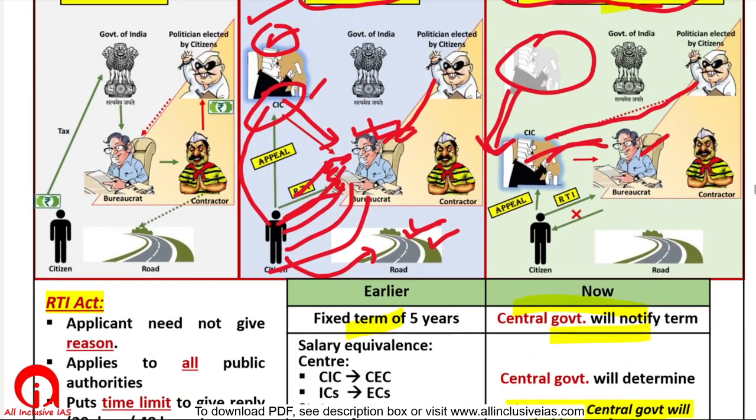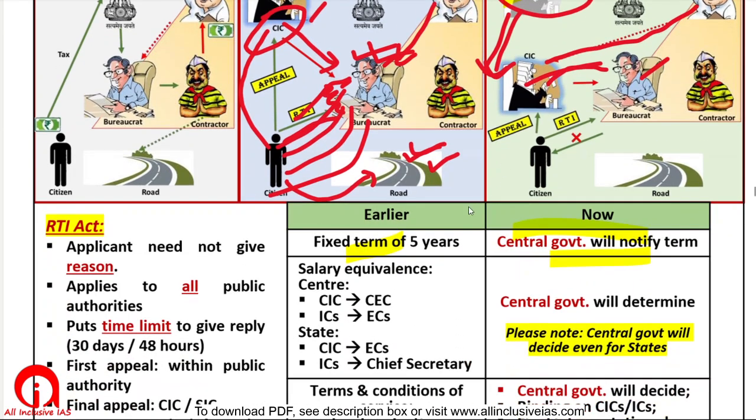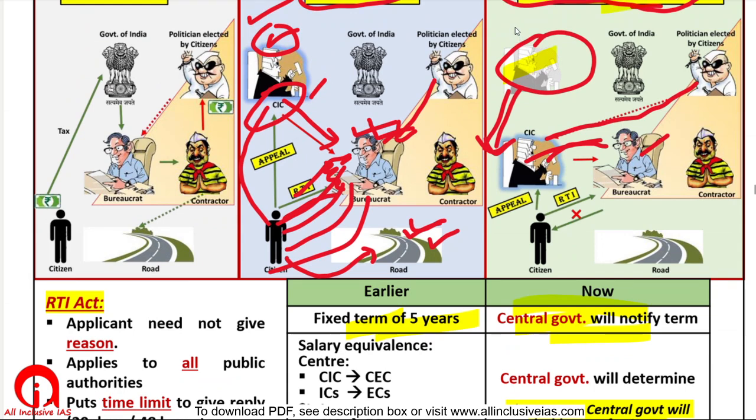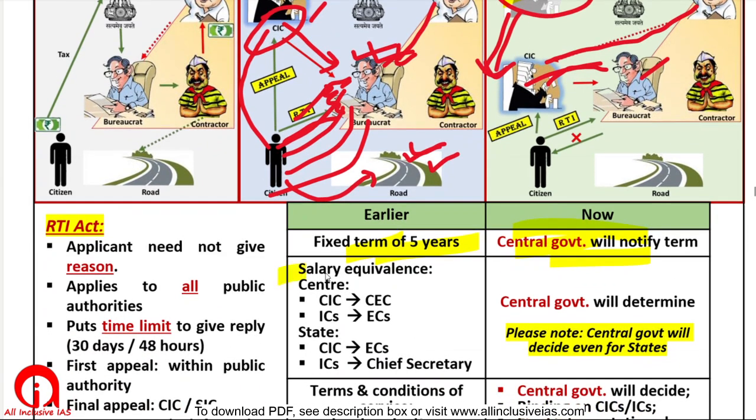Earlier, these CICs had a fixed 5-year term. Now the central government will notify how much time you will have if it appoints you. As for salary equivalence, the CICs and ICs at the central government were almost equivalent to the Chief Election Commissioner and election commissioners. Election commissioners are very powerful, very senior people.